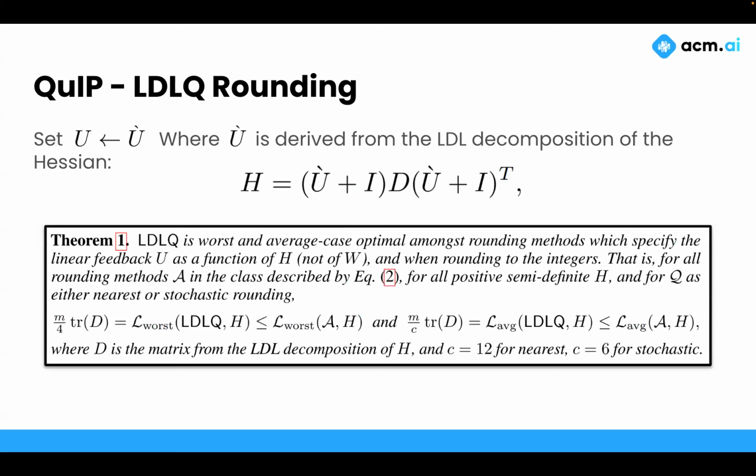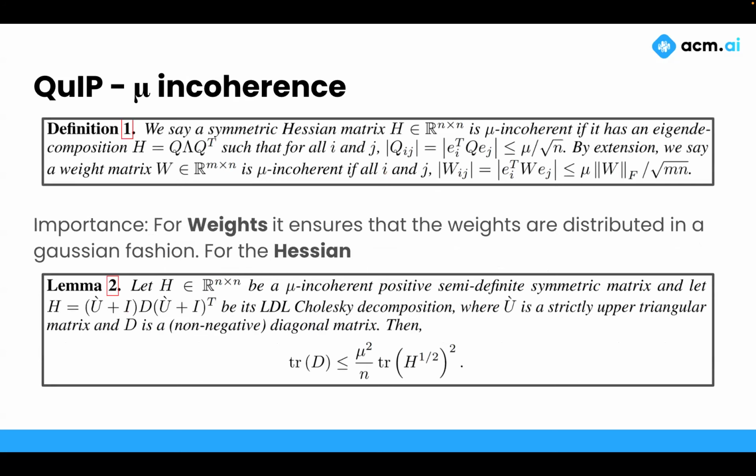So the second thing is what's known as mu incoherence. So what does mu incoherence do? Basically, for weights, it bounds the weight values to be less than mu times the Frobenius norm divided by the input and output dimensions.